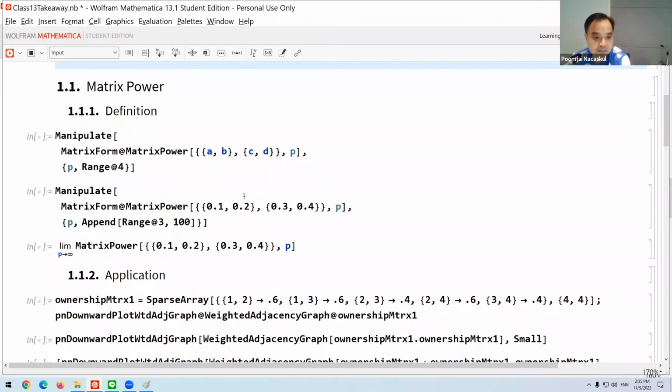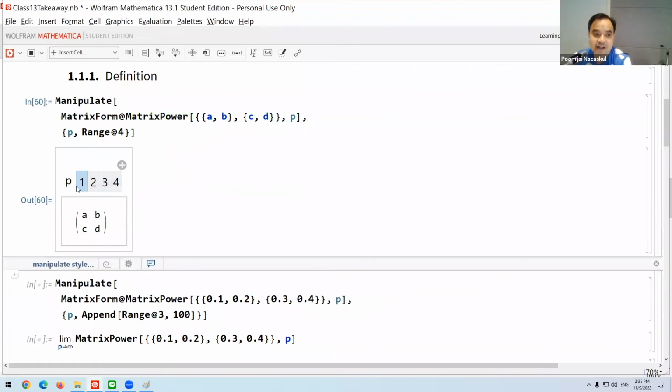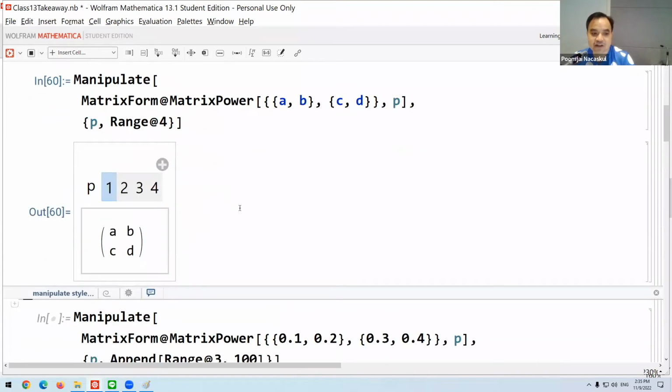So let's say this is my matrix A, B, C, D, and I apply matrix power to it, and p is the number of multiplications going from 1 to 4. So let's do that. This is my matrix. I put it in matrix form. It looks nice. So there's nothing to this.